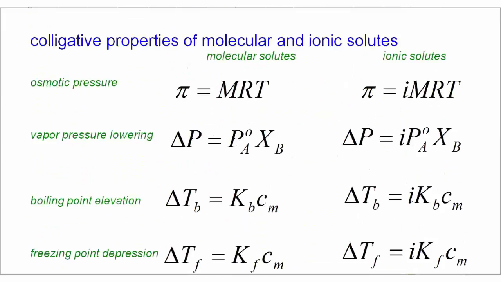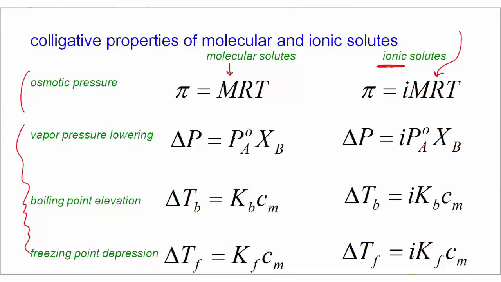So now we've got, you remember these, vapor pressure lowering, boiling point elevation, and freezing point depression equations? Well, now we've got one more for osmotic pressure. And that's what we had before. Now we've got a new column, though. The equations are very similar. It's just that we now have ionic solutes.